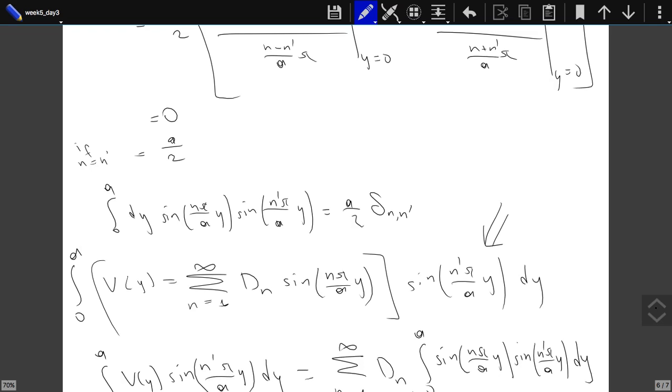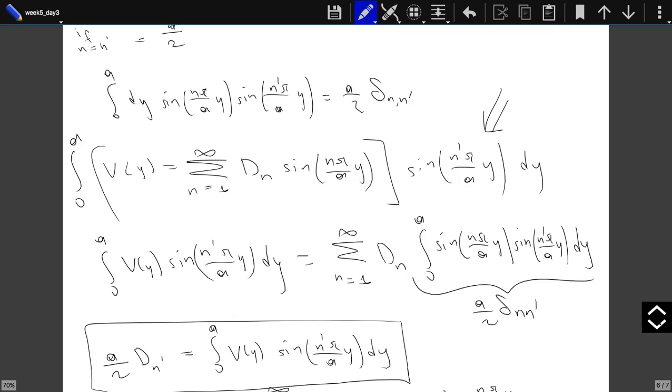Now, with that knowledge, what I did over here is, so here I have a relation, V(y) is equal to this one. I have an equation that contains infinitely many constants. You can say that this is one equation for infinitely many constants, but this equation holds at every value of y, and y can take infinitely many values. So in fact, that is basically infinitely many equations for d_n. Then I need to find a trick to find those coefficients d_n.